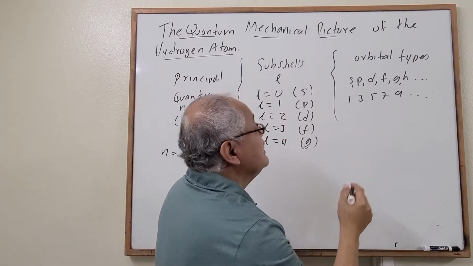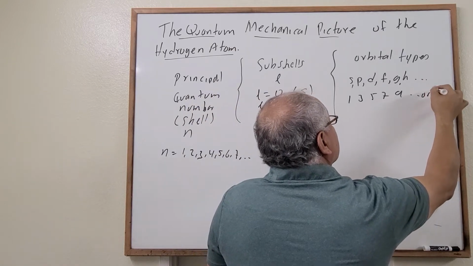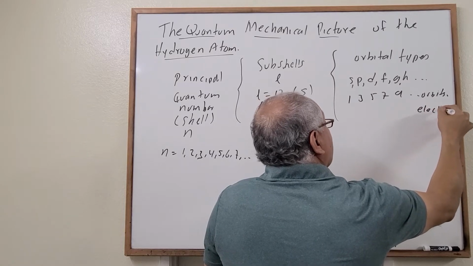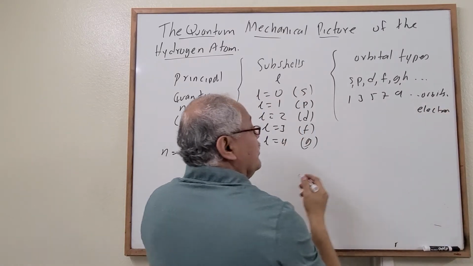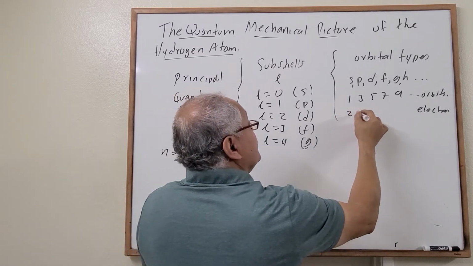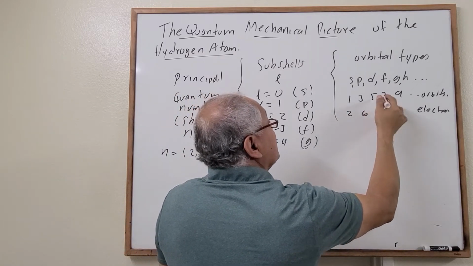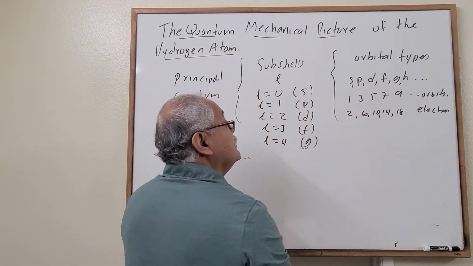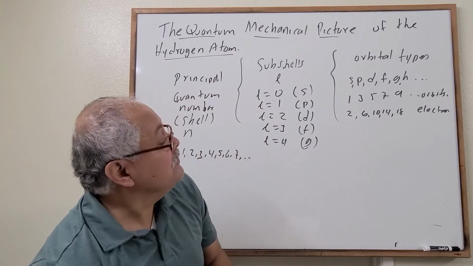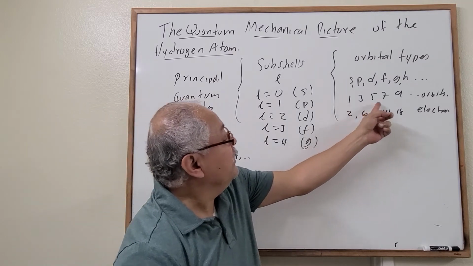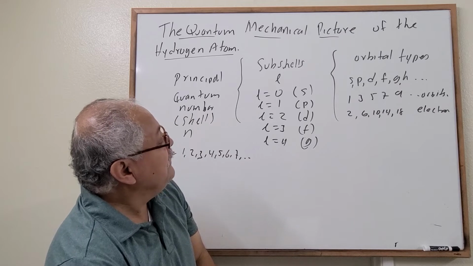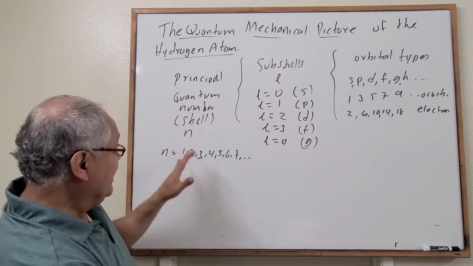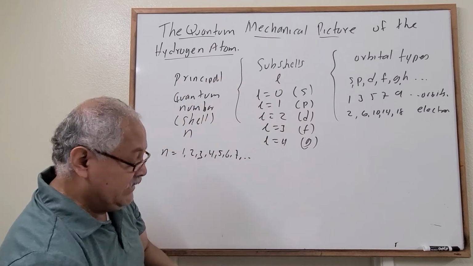And this is the number of orbitals. And also we have electrons. How many electrons for each orbital? Well, it's going to be 2, 6, 10, 14, 18, and so on. The maximum number of electrons for each orbital. Okay, perfect.